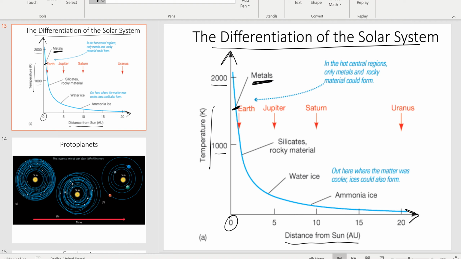This is Mercury. And then we have Venus and then Earth. For Earth, we have metals, but mostly rock. And then we have, outside of Earth and Mars, the terrestrial planets, we have Jupiter, where we would expect water ice and gases, and then eventually other kinds of ices.